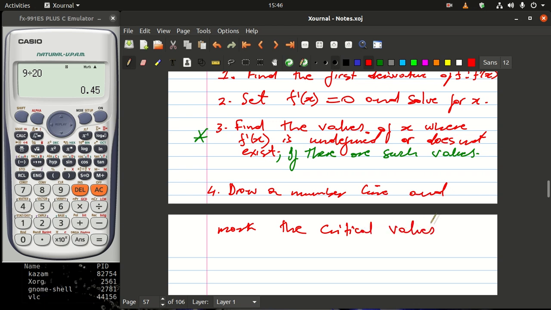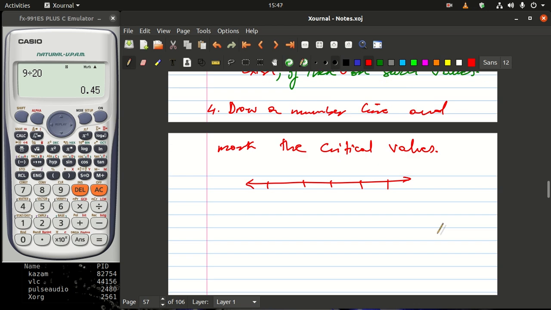So what we are talking about here, when we are finding critical values, is whereby the first derivative is equal to 0 or the first derivative is undefined. So you draw a straight number line, and then you place those critical values, whether defined or not defined, on the number line. That is what you do in step 4.